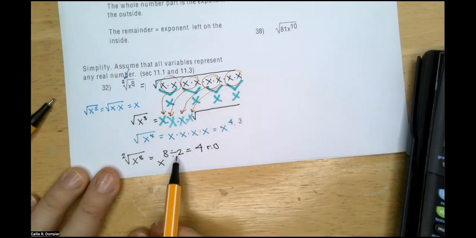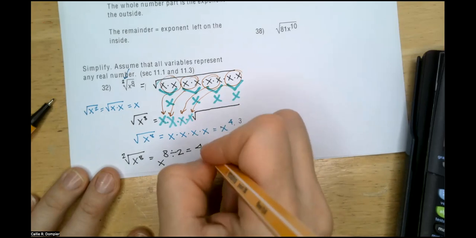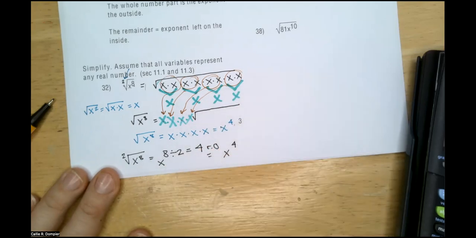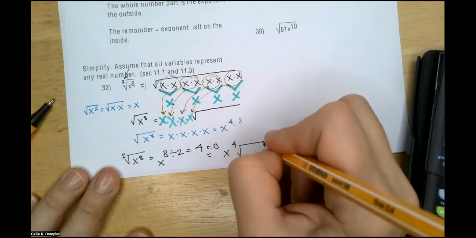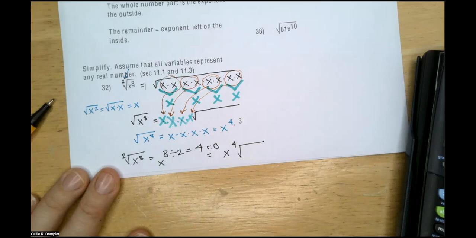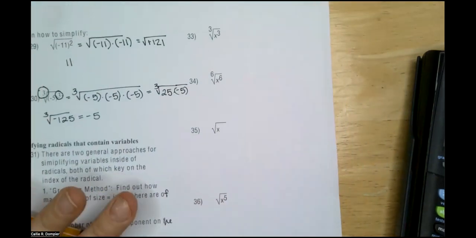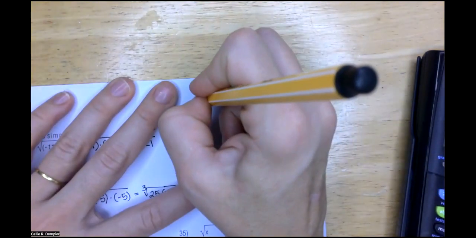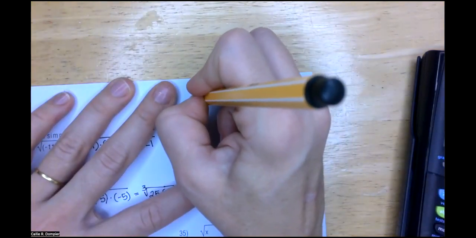So x to the power of 8 divided by 2 is 4, and there's no remainder. The remainder would be under here, but there isn't any. I'll show you again. The cubed root of x to the 3rd, grouping method.